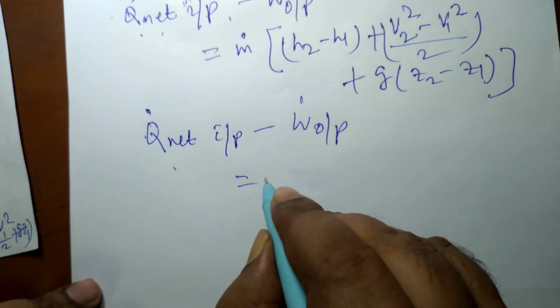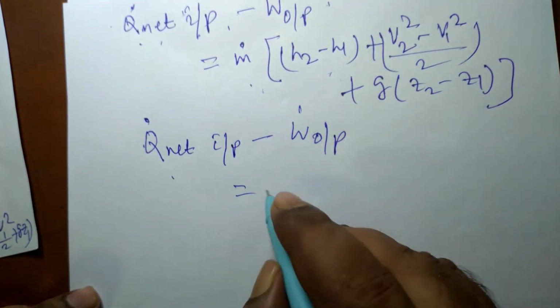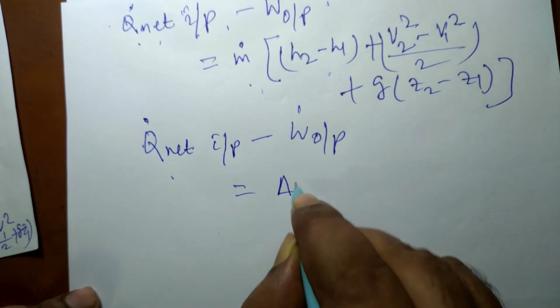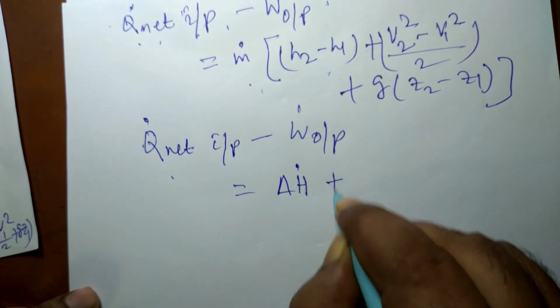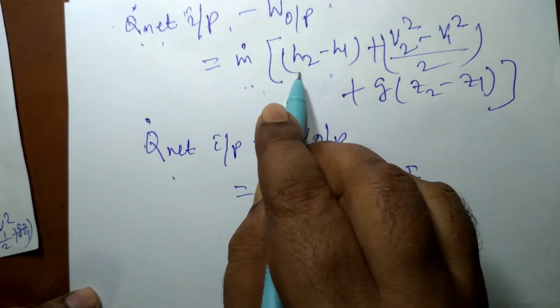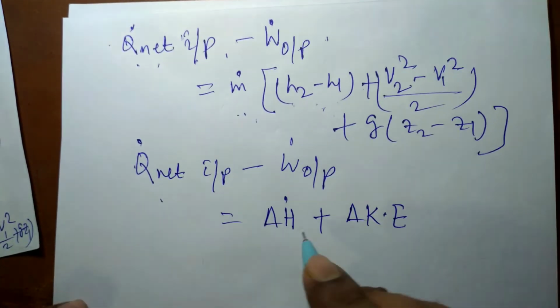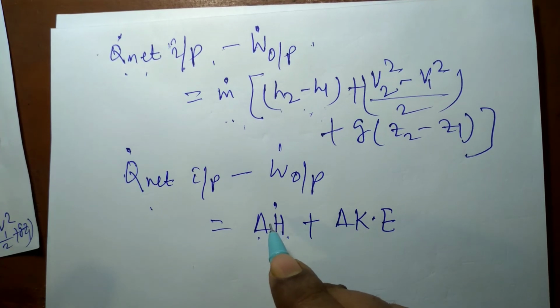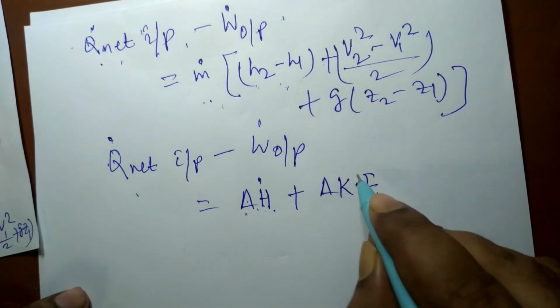If you multiply this out, I can write delta H dot plus delta KE dot. m dot multiplied by change in specific enthalpy yields the rate of change of total enthalpy, and its unit will be kilojoule per second.